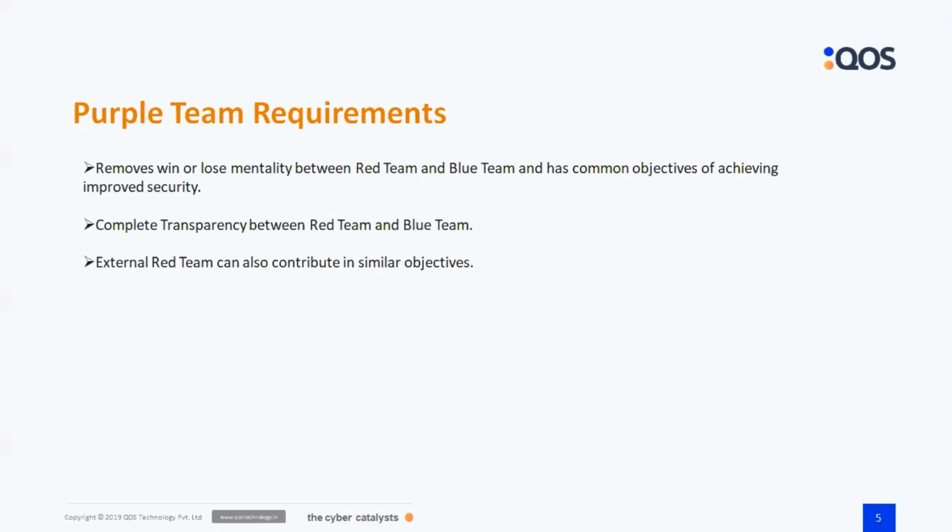For example, one of the red guys, it could be an external red team also, it need not be from your team. It could be from external red teaming, in which there should be transparency of communication. Okay, this is the attack I'm trying to do. Please let me know if you observe something in your defensive tools over there, or else red teaming can help in various ways.